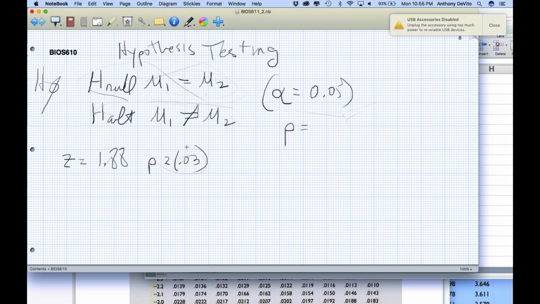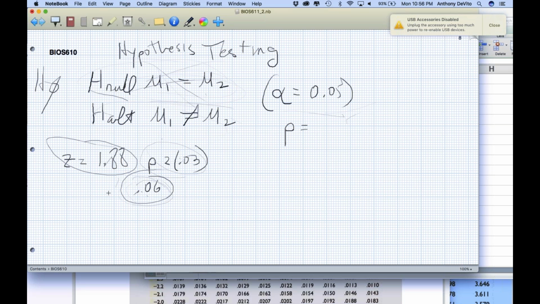In other words, we could get this extreme of a difference between the mean and the value I compared it to 6% of the time. Well, I needed to be less than 5% in order to say that they're not the same. I have a 6% chance that I'm wrong, that they really are the same, and they're from the same population. Those two means are the two means that I'm comparing.